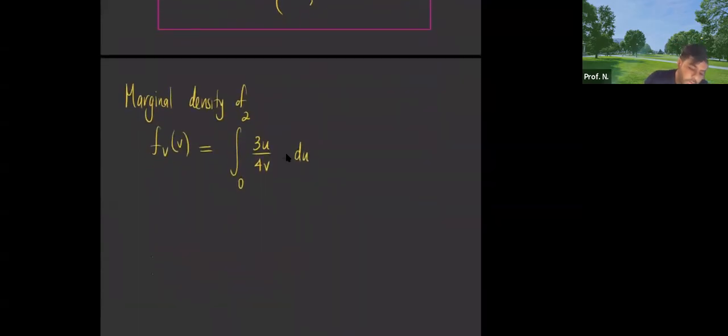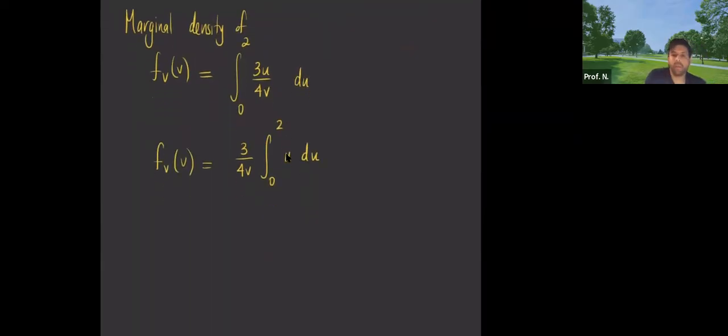So of course, what happens? The 3 over 4v comes out, and we integrate u du between 0 and 2. This becomes u squared over 2 from 0 to 2.